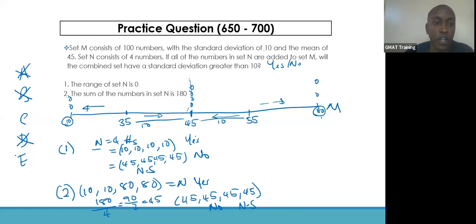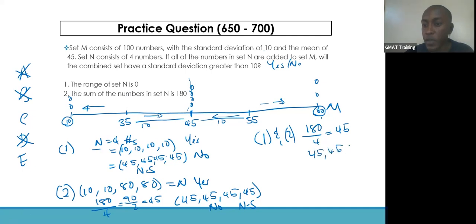So let's figure out if it's C or E. Combine the statements. We have a range of 0, so the values are the same, and the sum of the numbers is 180. So 180 divided by 4 is 45, as in example 2. And since the range is 0, all the numbers must be the same, so we can have 45, 45, 45, 45, and we have all 4 data points at 45, minimizing the standard deviation from 10 to a smaller value.